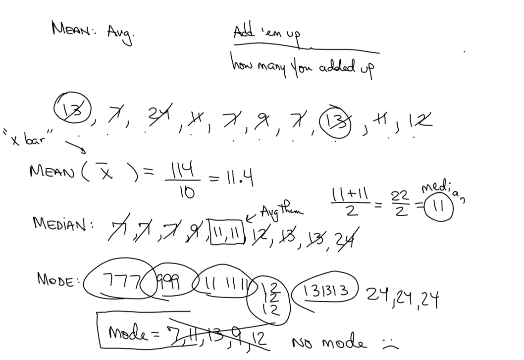Okay, the next thing that we need to talk about is the spread of data. So you may be looking at numbers, and maybe you have 0 and 1 and 2, and you have 12 and 13 and 14 up to here, and you have everything in between.